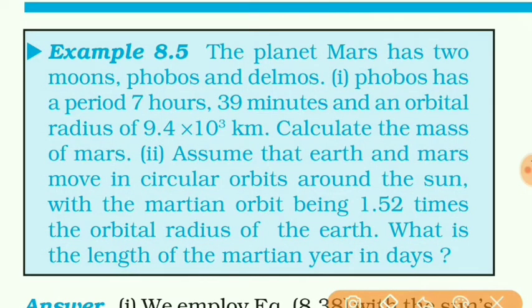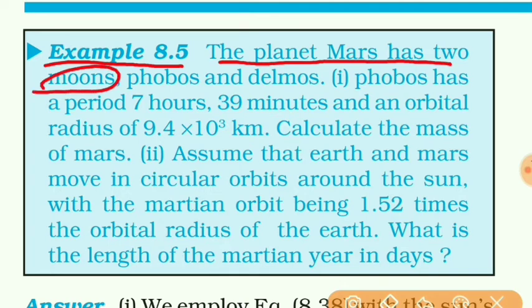Now example number 8.5. Here it is given that the planet Mars has two moons, Phobos and Deimos.